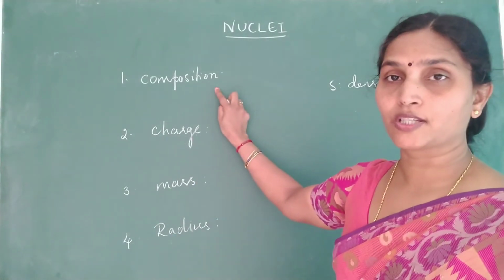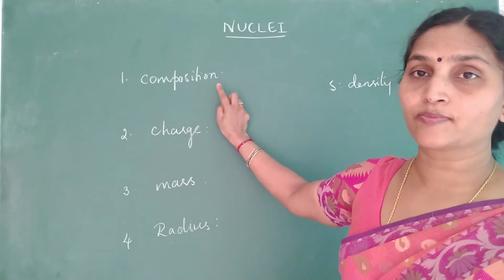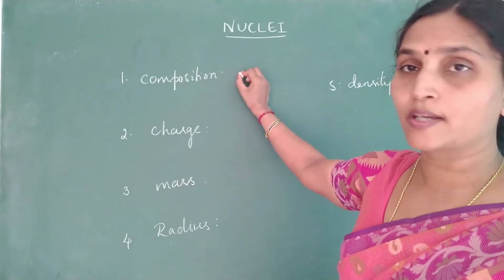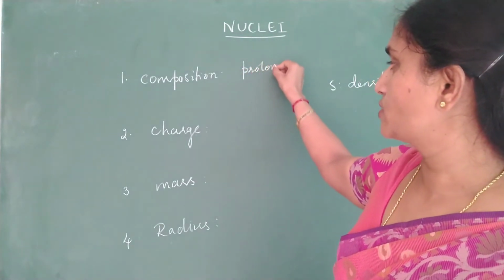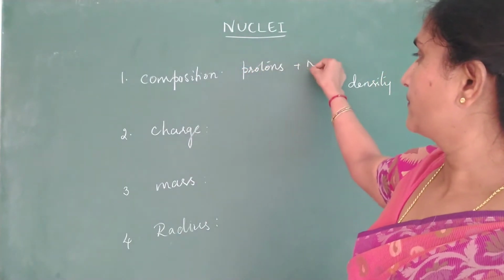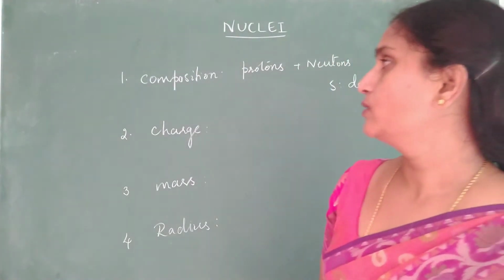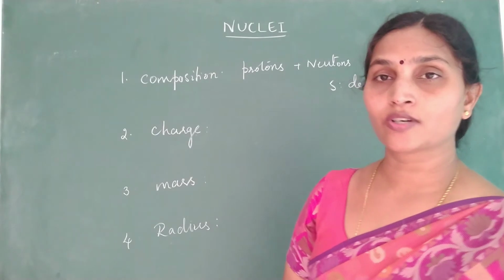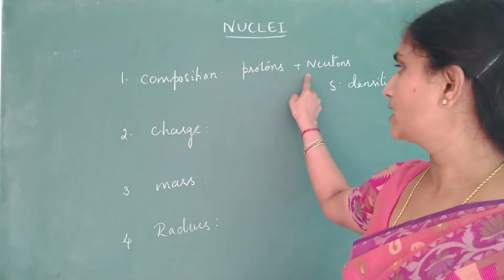First, coming to the composition. From Rutherford's experiment itself, we have proved that the nucleus consists of 2 subatomic particles, that is protons plus neutrons. So we can say the nucleus composition is protons and neutrons together. We know protons are positively charged and neutrons are neutral.